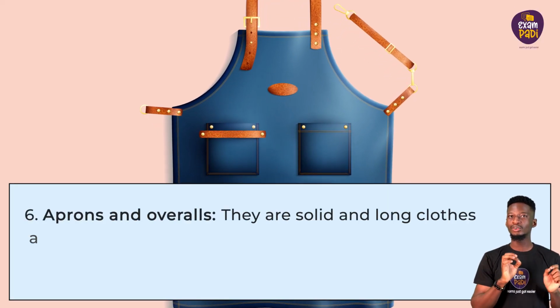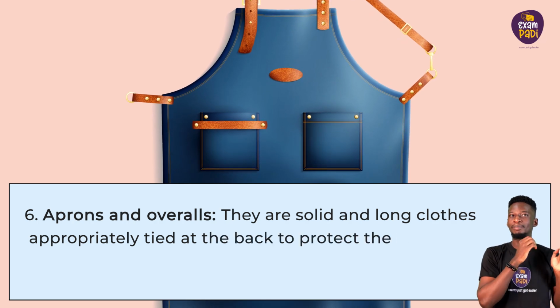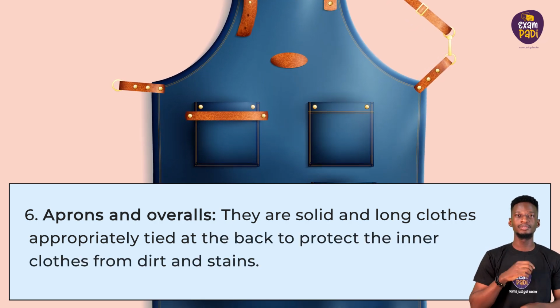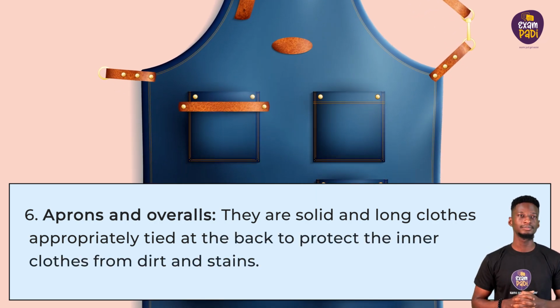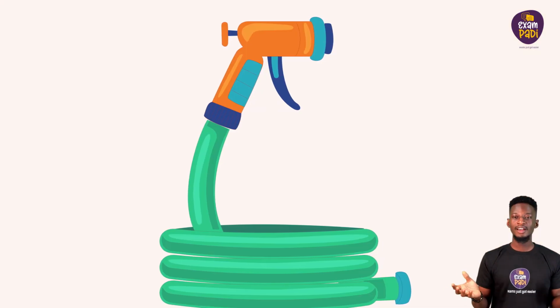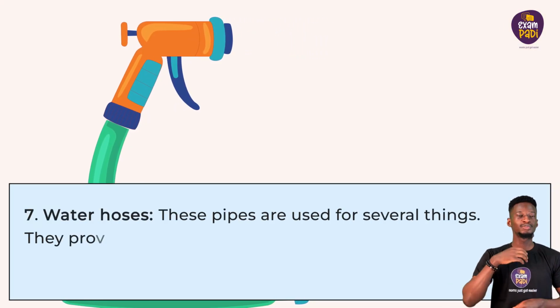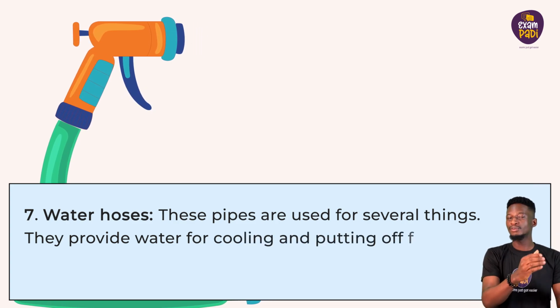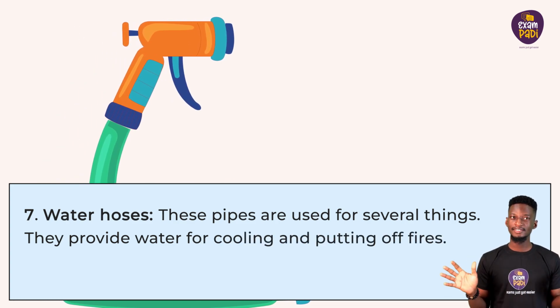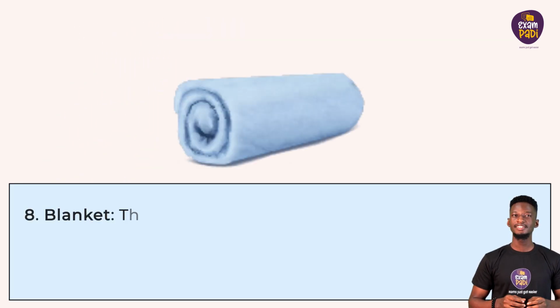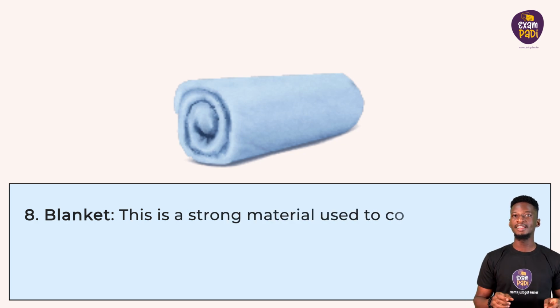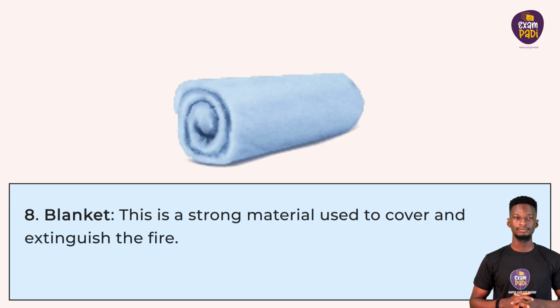They are solid and long clothes, appropriately tied at the back to protect the inner clothes from dirt and stain. 7. Water hoses. These pipes are used for several things. They provide water for cooling and putting off fires. 8. Blankets. This is a strong material used to cover and extinguish fire.